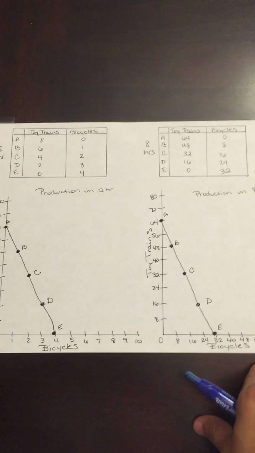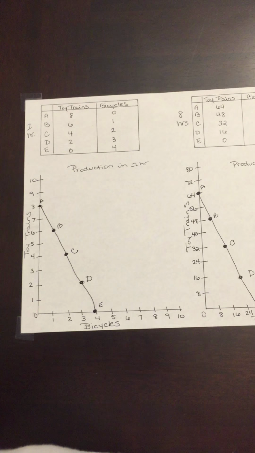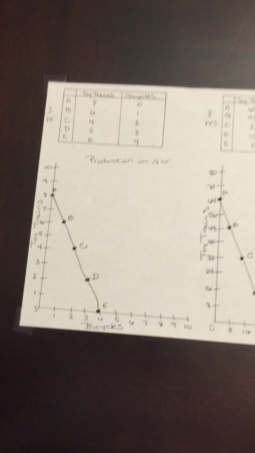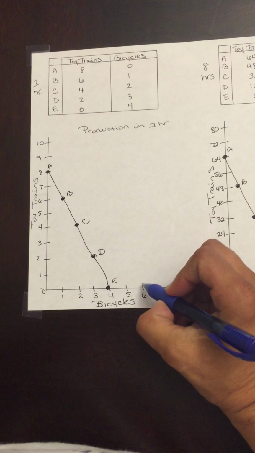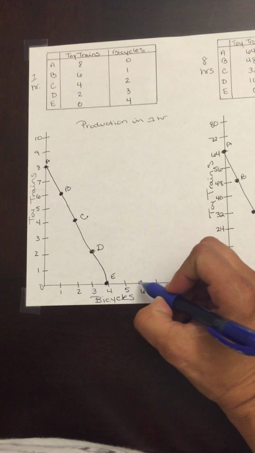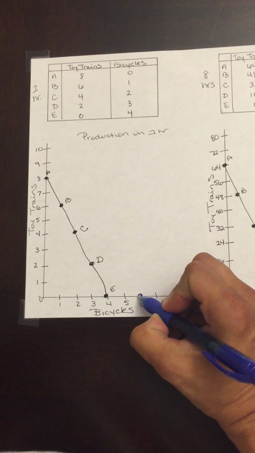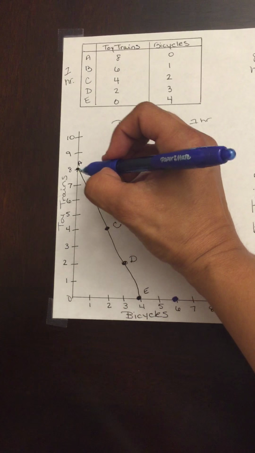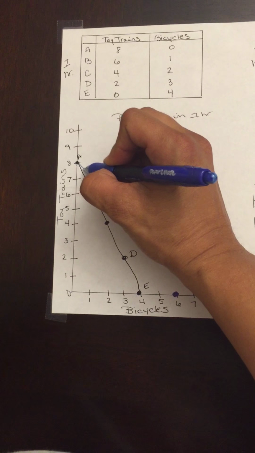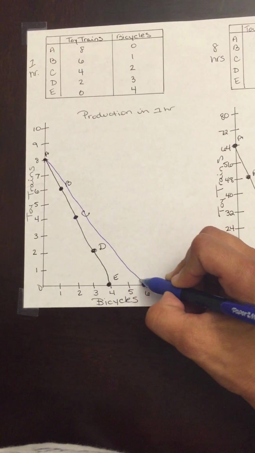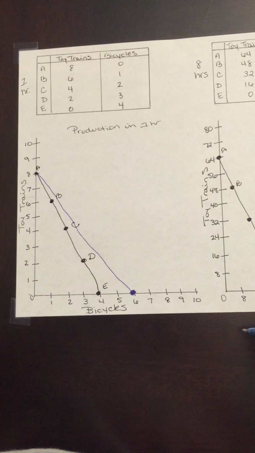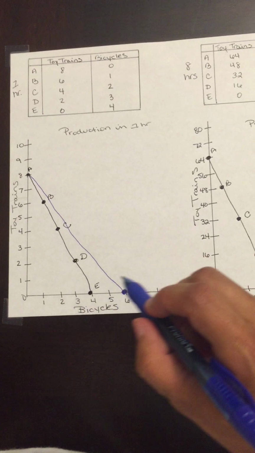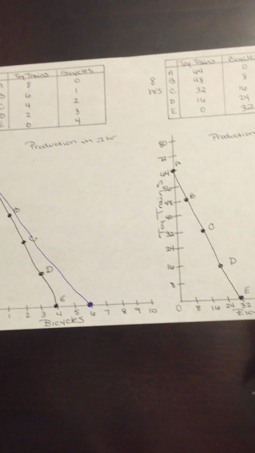That would allow for 2 more per hour. So if 2 more get changed, we're going to create a new line. And so you'll see the line in blue as the change.